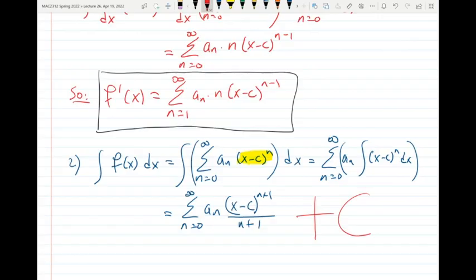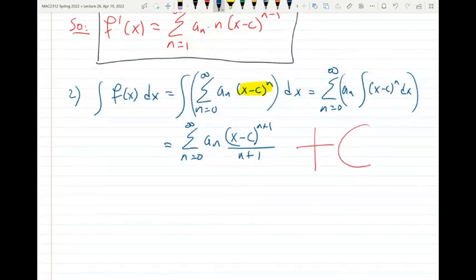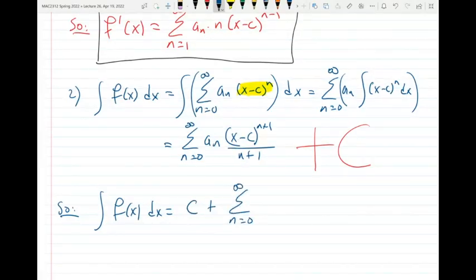So it makes sense to just write this plus c outside the summation. Just to avoid confusion, I'm going to write the c first, and then the sum, just to make it clear that this is outside the summation and not inside, times (x minus c) to the n plus 1 over n plus 1.